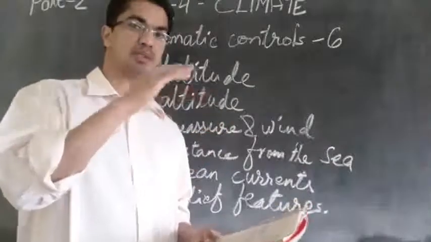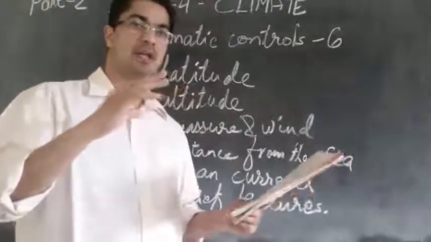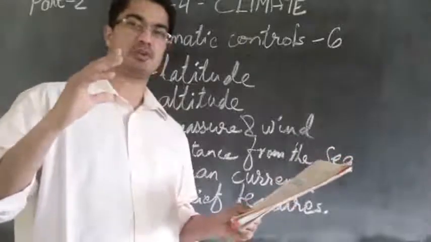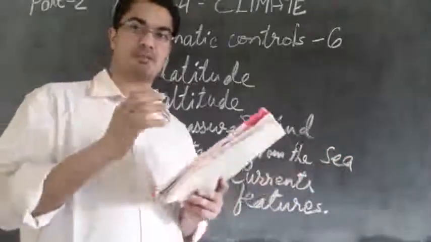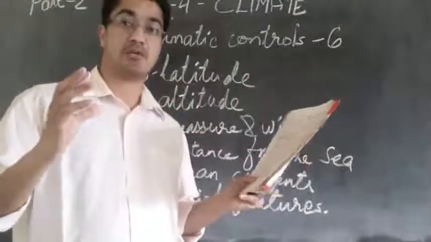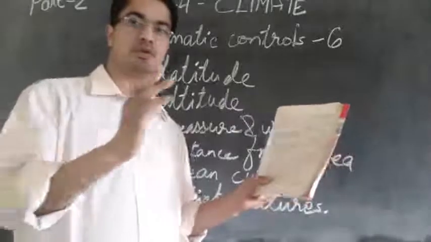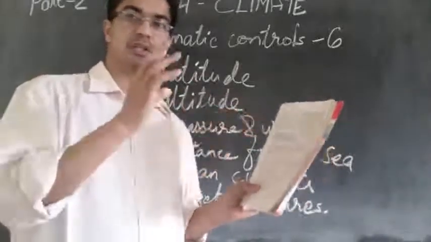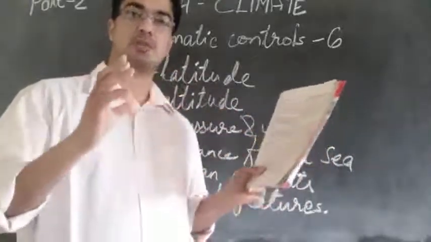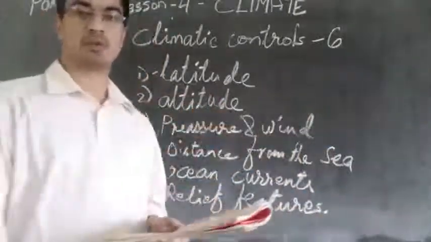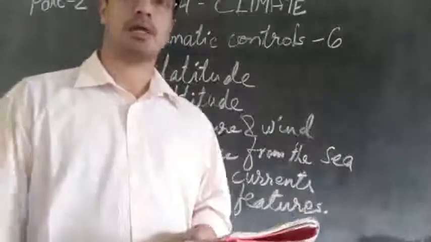Where there is more sunshine, that area will have high temperature, and the pressure also will be more, because as the sunshine comes, the air is expanding. As we go towards the polar region, the sunshine is less, therefore the pressure also is less. So in the equatorial region, there will be high temperature.